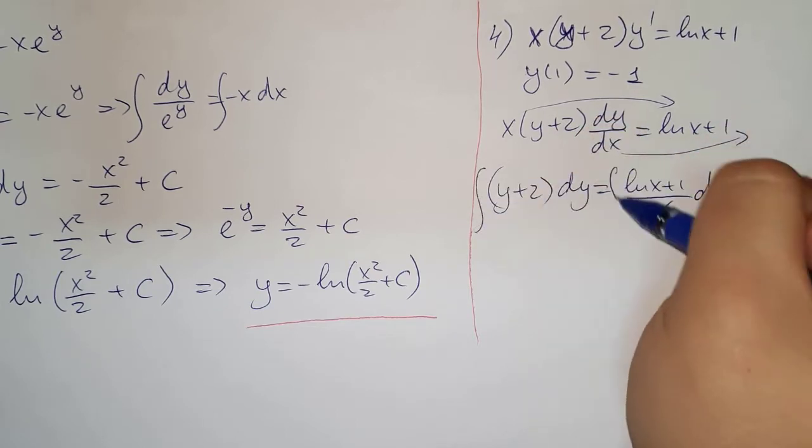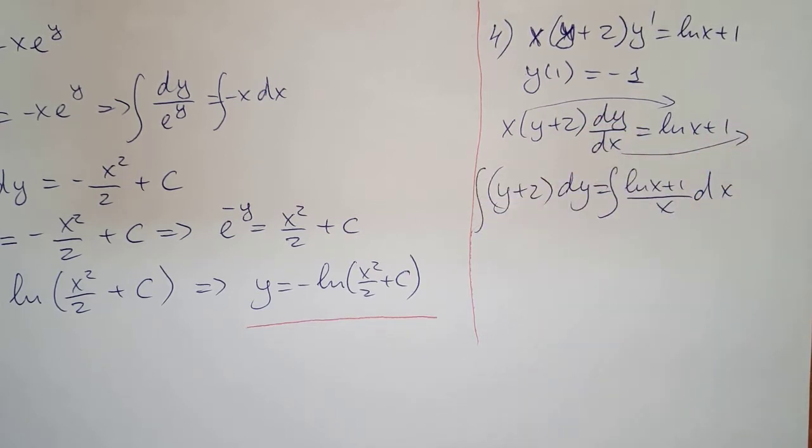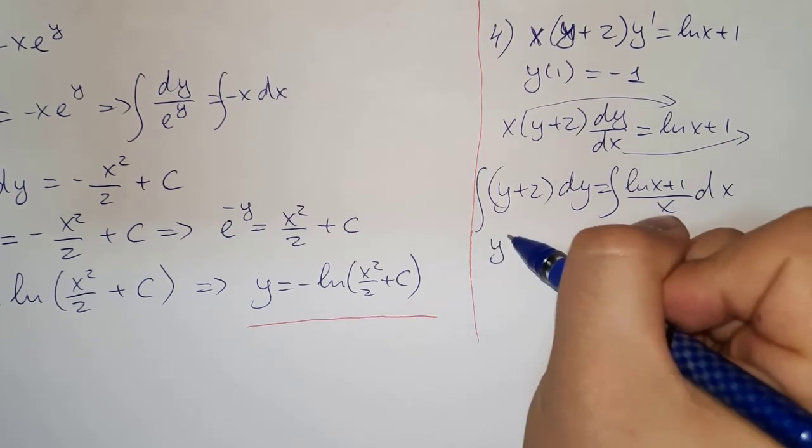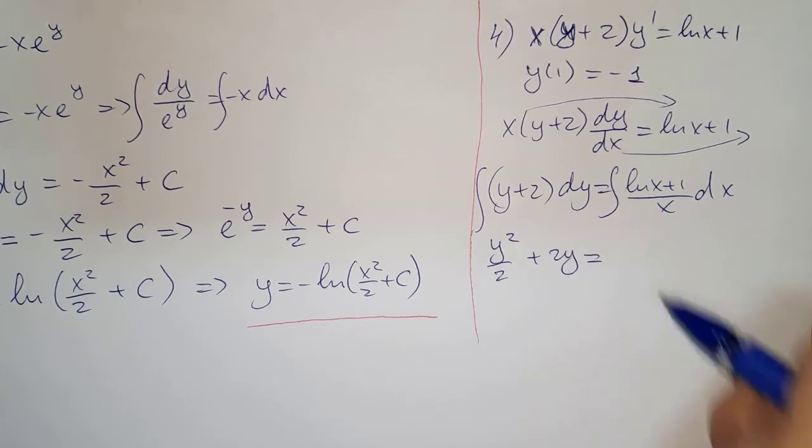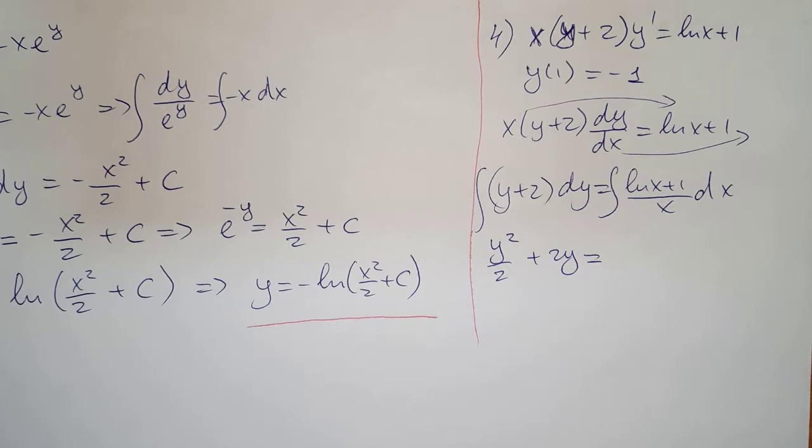And let's integrate it. After integration, the left side is y squared over 2 plus 2y, and the right side we need to integrate.